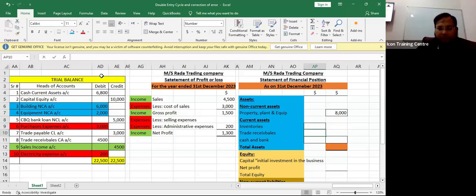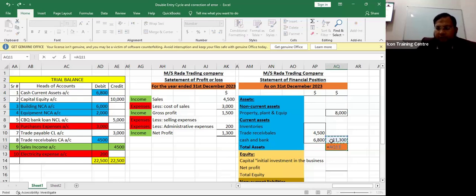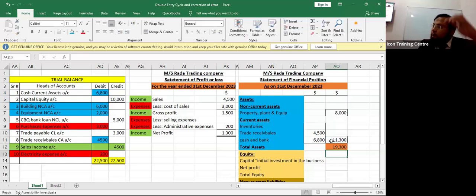No. Do we have trade receivables here? Yes, we have 4,500. Right, brother? Do we have cash in bank here? Yes, we do have. And it is 6,800. Now you take the sum of these two. And the total will come here like this. This is your total assets.